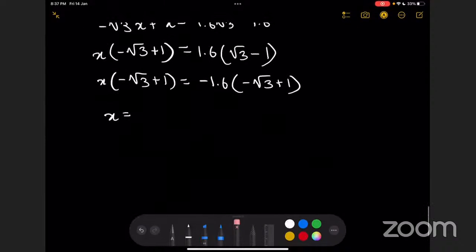That won't be possible then. X can't be a negative value.